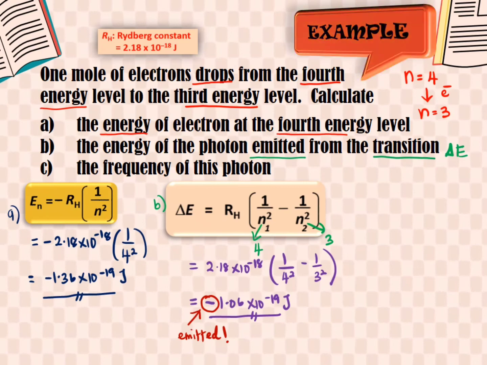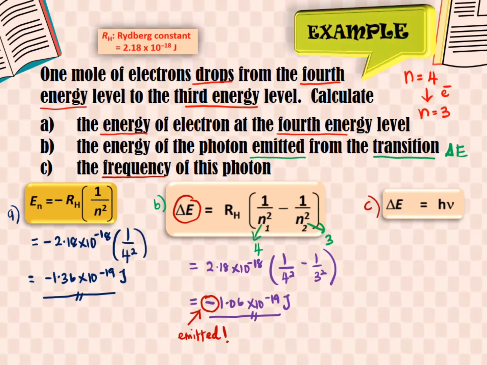Okay, next question C. We want to calculate the frequency of this photon. So, we already calculate the value of delta E, and we know that frequency ada satu formula that relate with delta E, which is delta E equal to H nu.